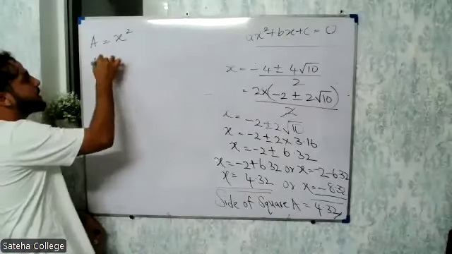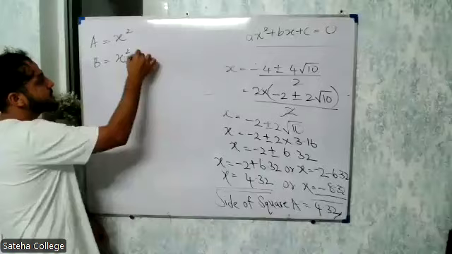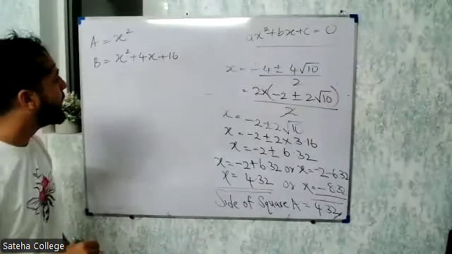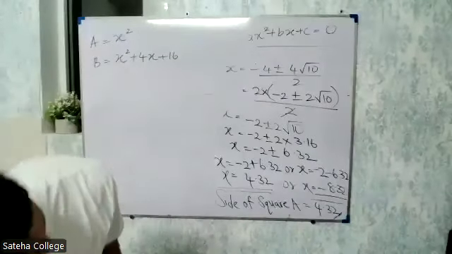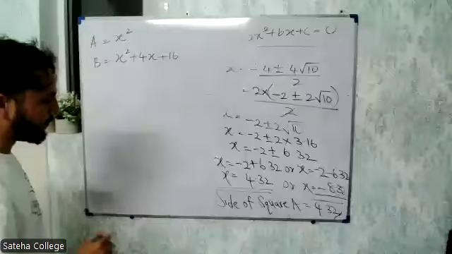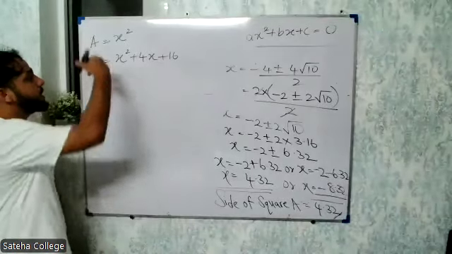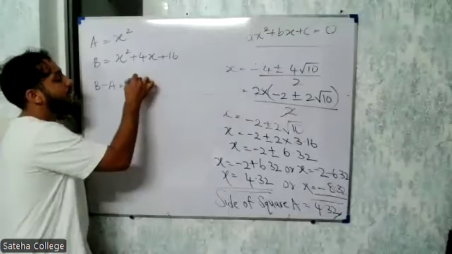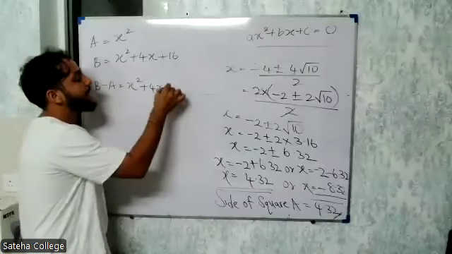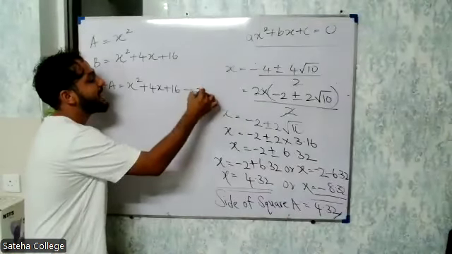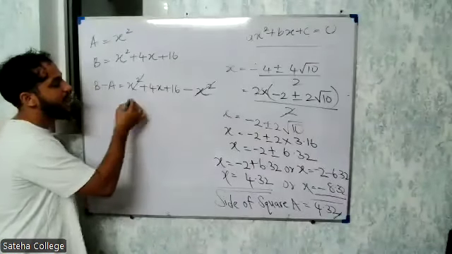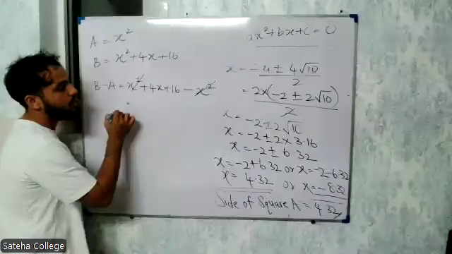Of B, it was x squared plus 4x plus 16. So difference means B minus A: x squared plus 4x plus 16 minus x squared. The x squared terms get cancelled off.